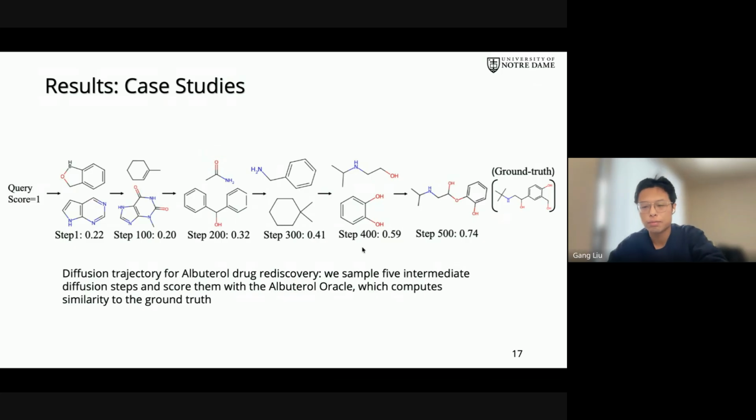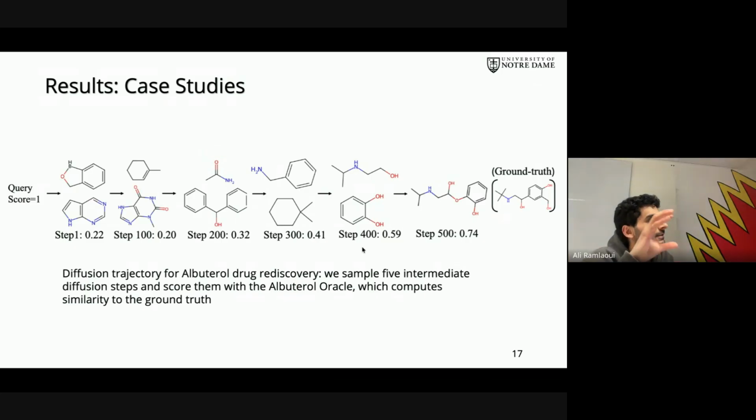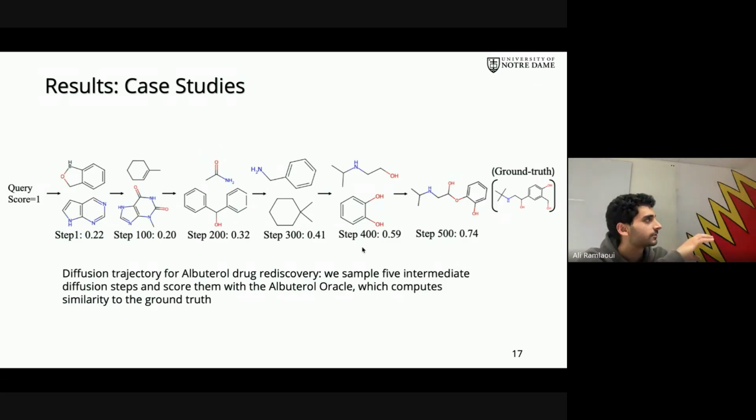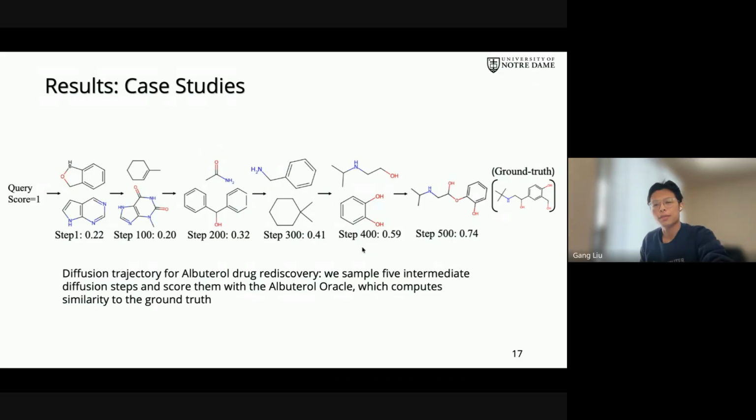Okay, so for the context you give it, this is the only structure you should get given how the task is defined, essentially. It means that if you have that context that you specifically give in the prompt, the only molecule you should get is the ground truth, the expected one.